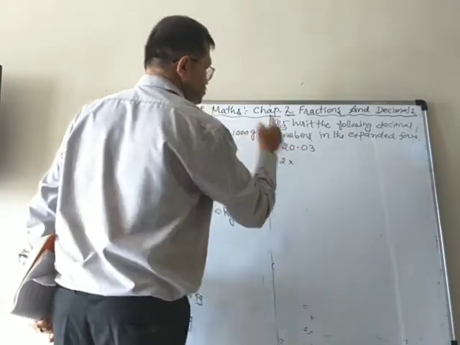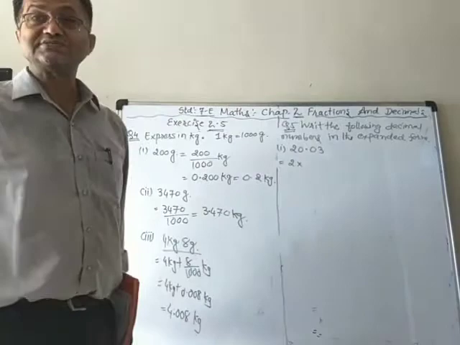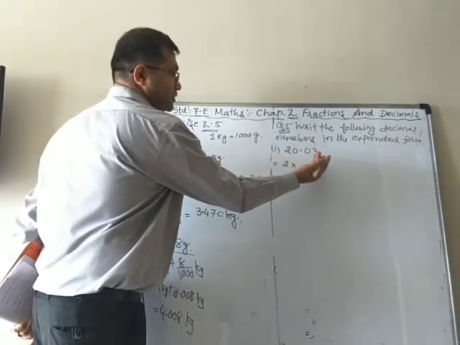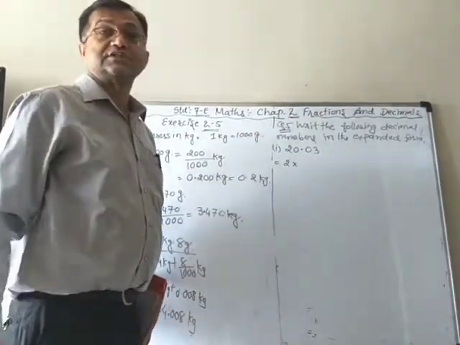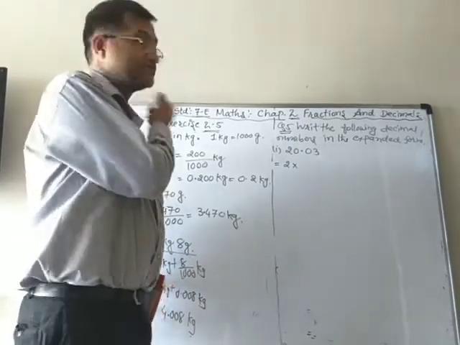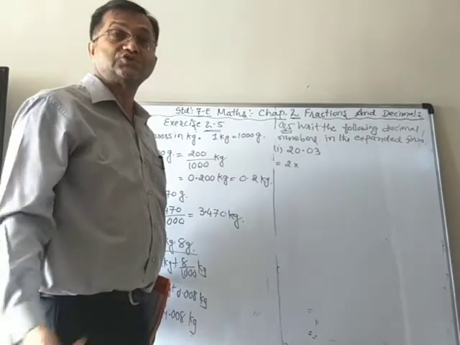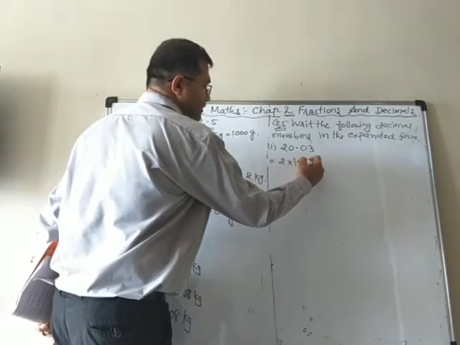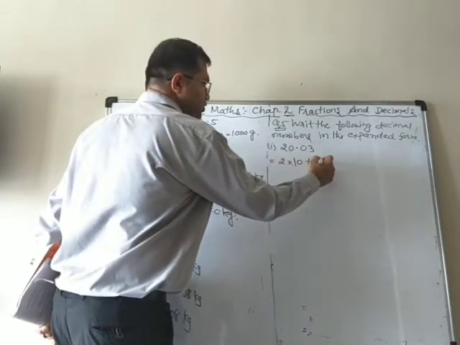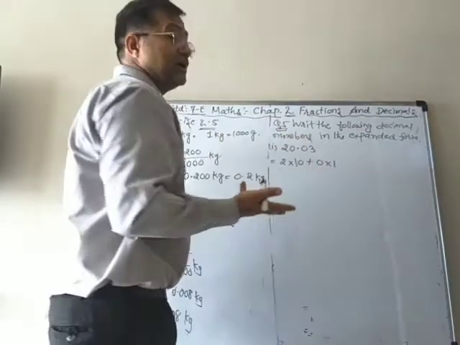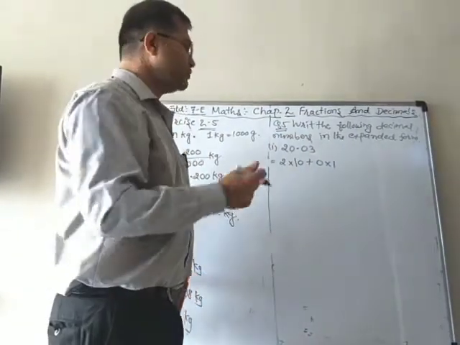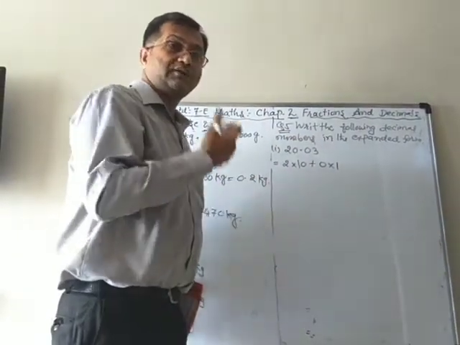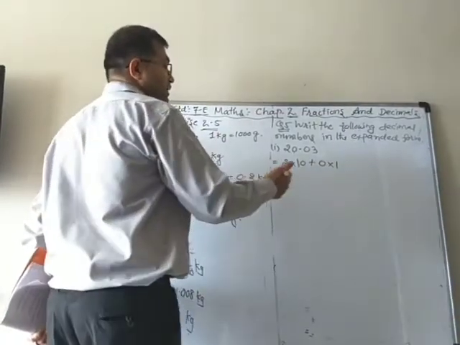So we start with 2. 2 is in which place? We know that from the point, the left side is the units place or ones place, and second is the tens place. So tens place means we have to multiply it by 10. So 2 multiplied by 10 plus 0 multiplied by 1, because in the unit place it is 0. Or if you don't write it down, it is also fine, but better that we write it down.